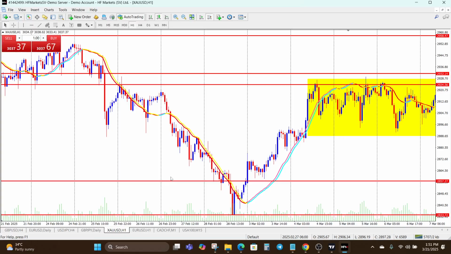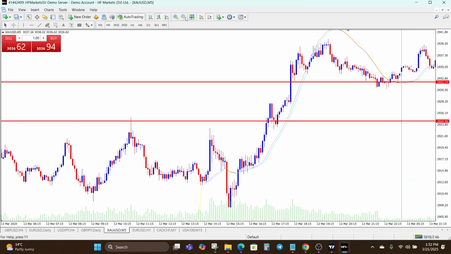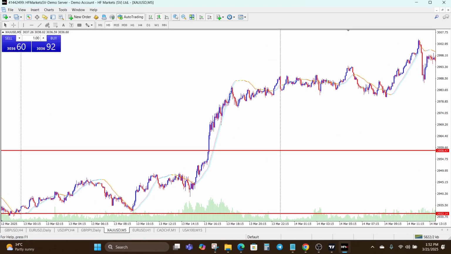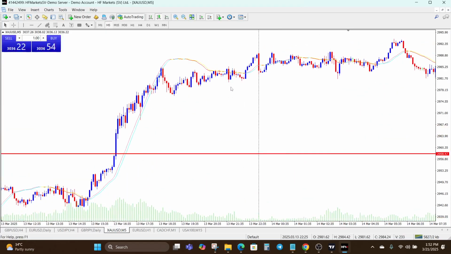For scalping, lower time frames work. You can just go to lower time frames and look for your crossovers, and also ensure that you confirm with price action as well.